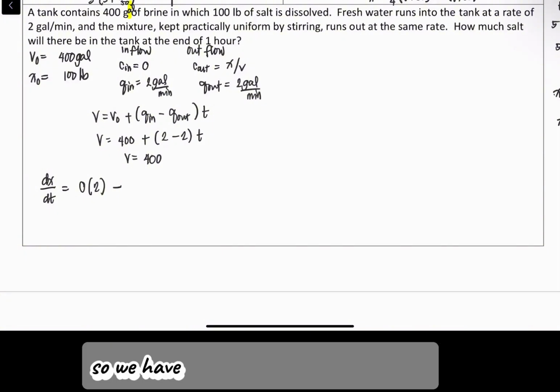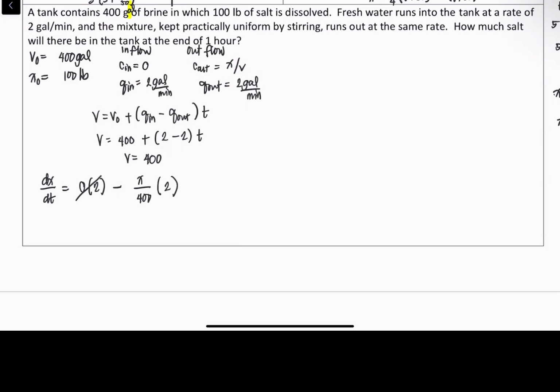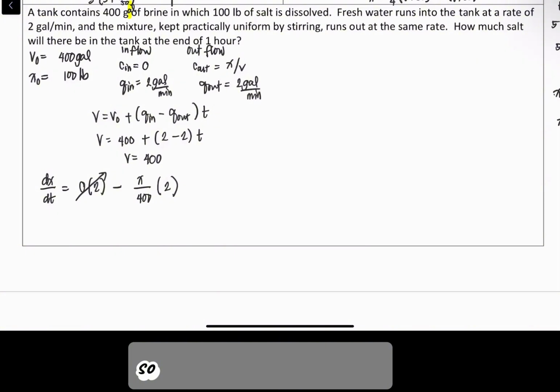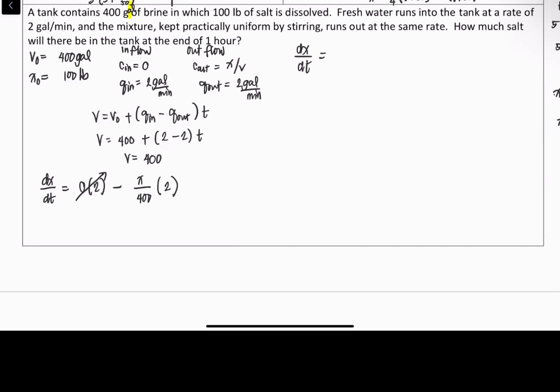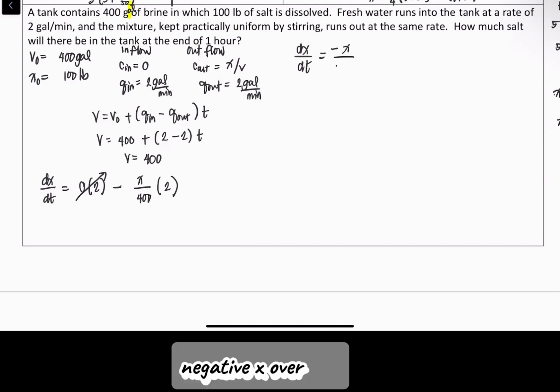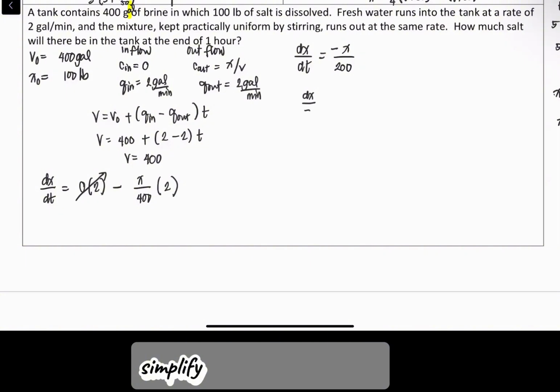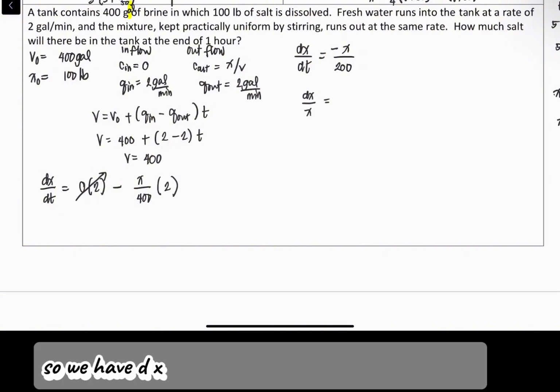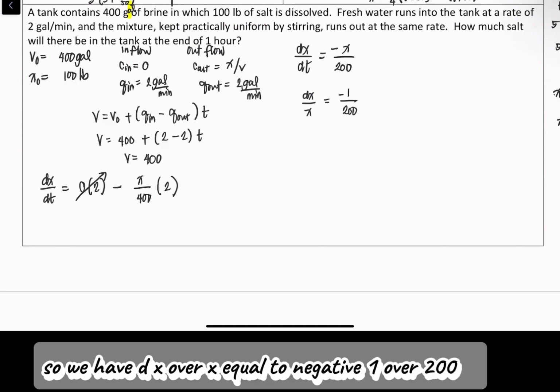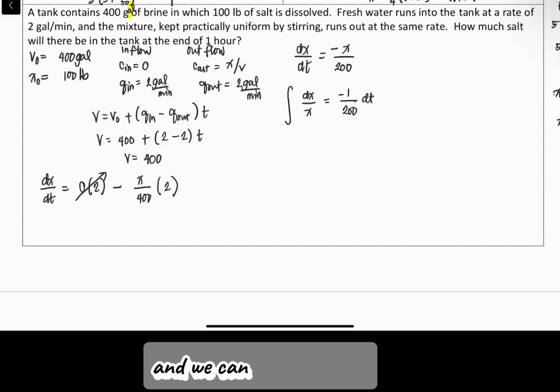So we have x over 400 times 2. So we now have dx over dt equal to negative x over 200. Simplify this by multiplying dt. So we have dx over x equal to negative 1 over 200 dt. And we can integrate this.